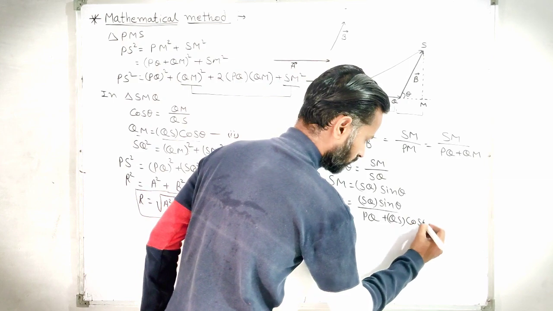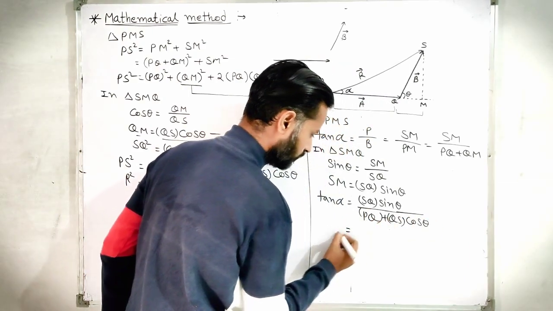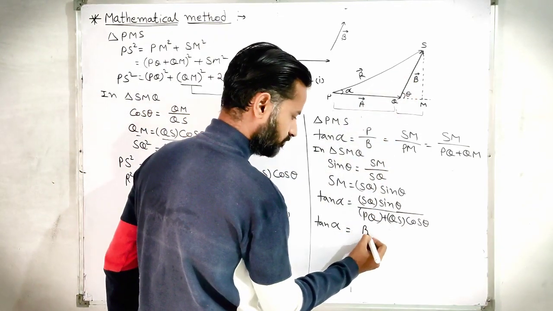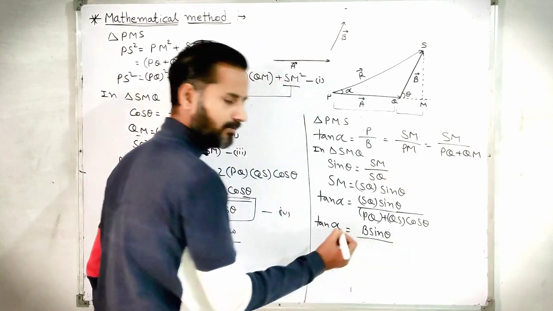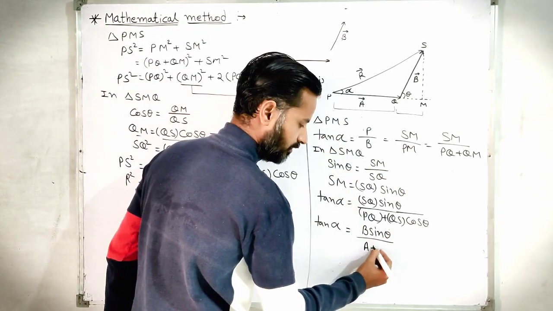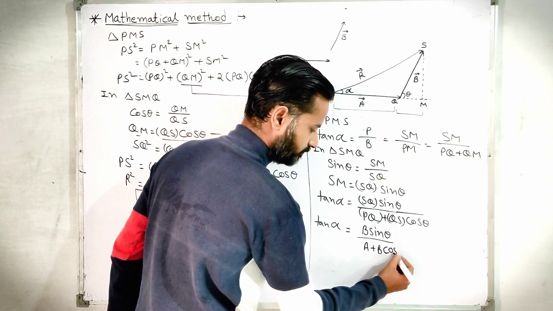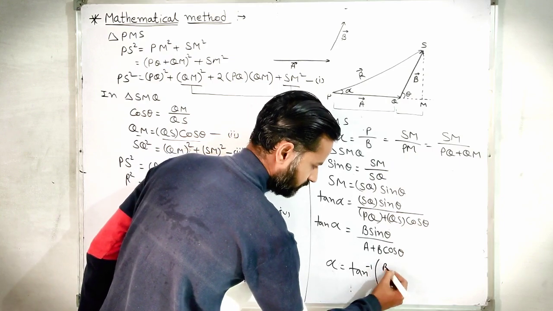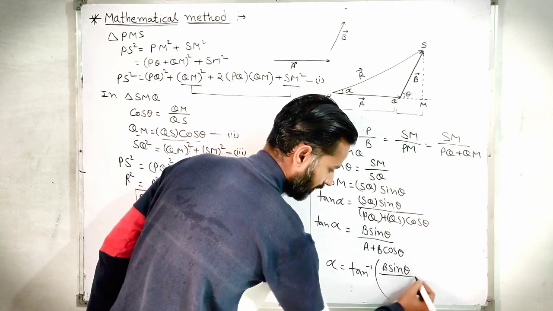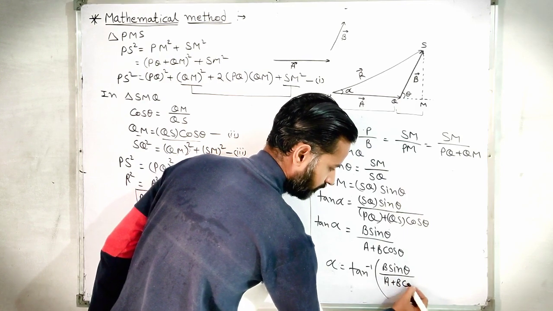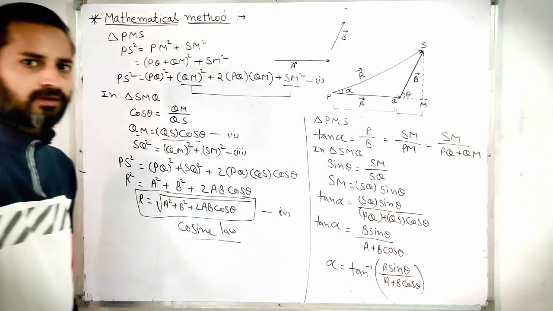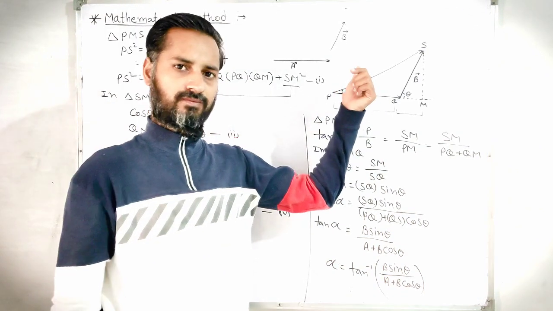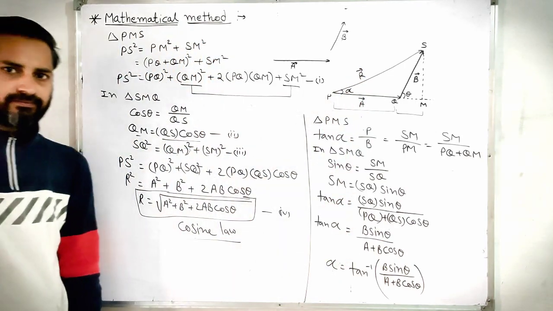Now write the values, and we get tan alpha, with SQ equal to B, so B sin theta divided by PQ, which is A, plus B cos theta, or alpha equals tan inverse of B sin theta divided by A plus B cos theta. By using this equation we can find the direction of resultant vector R.